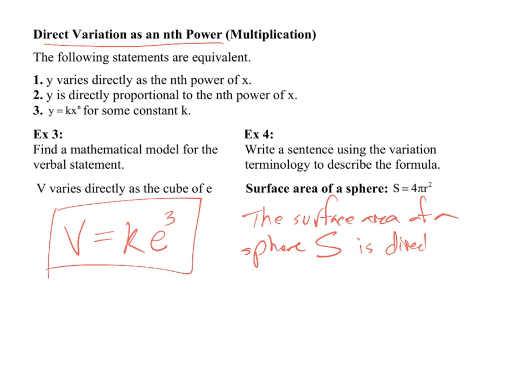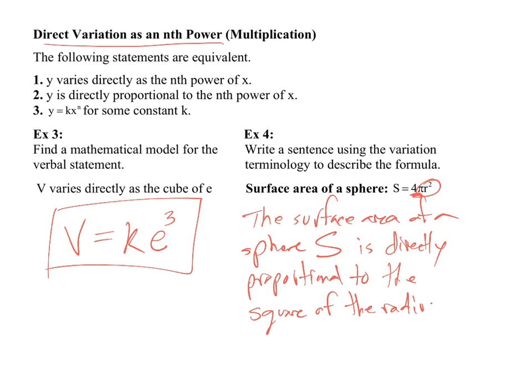Directly proportional to. Now what's happening here? These are just numbers. 4 pi is essentially our constant, so I'm just focusing on the variable and the exponent. To the square of the radius r. That's all there is to that.